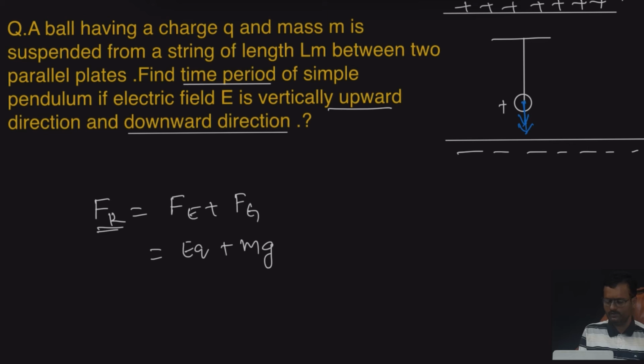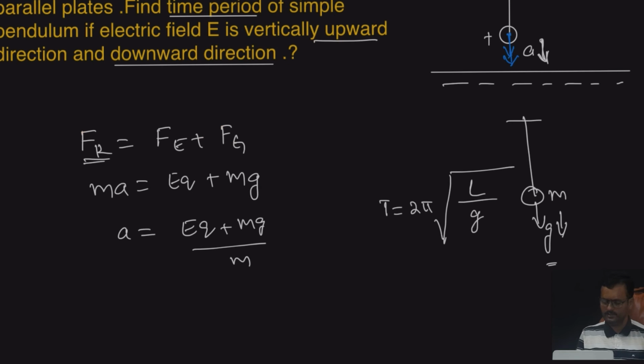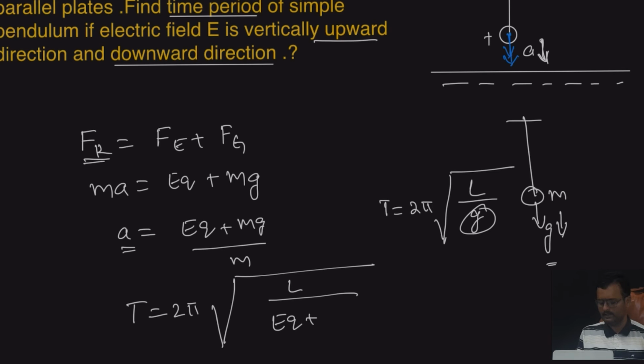So F equals, we know, ma. Here the acceleration is in the downward direction, that is (EQ plus mg) by m. So instead of g here we get A. So T is 2 pi square root of L by (EQ plus mg) by m.